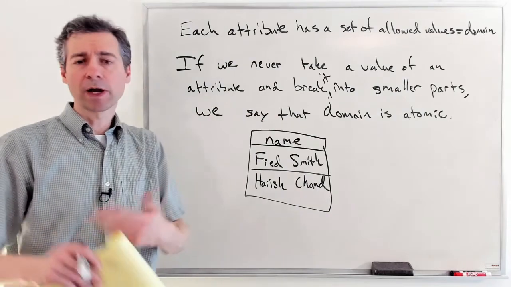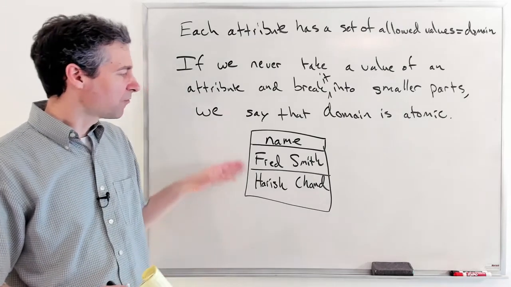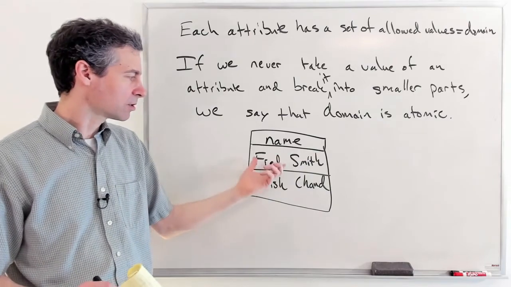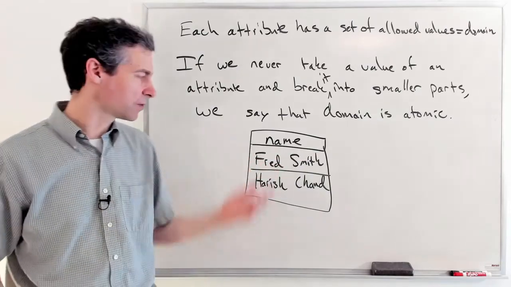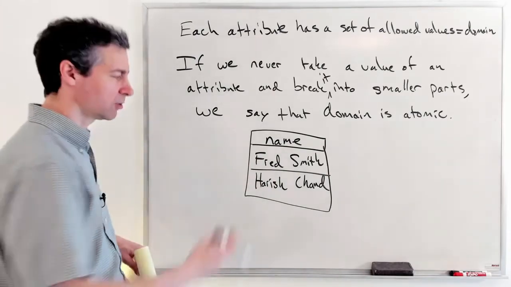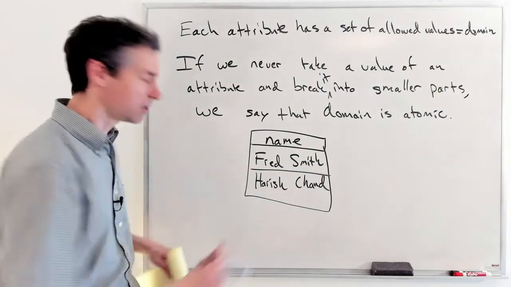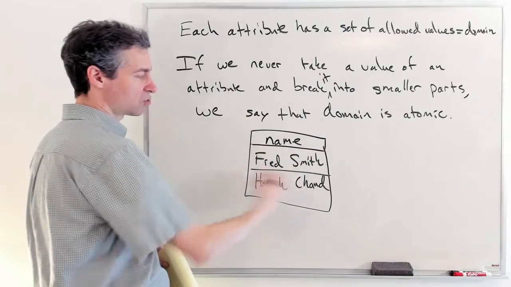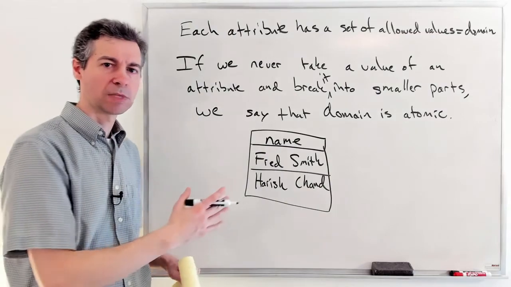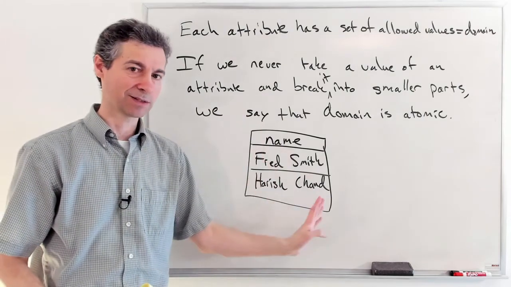Now, if we write methods for dealing with our database where we're like, I want to find all the Freds, and I start to always deal with or compute with a first name versus a last name, and I always know that my way of telling first name from last name is that there's one space in between the characters in these strings, then I'm dealing with name as though it's composed of two things, a first name and a last name.